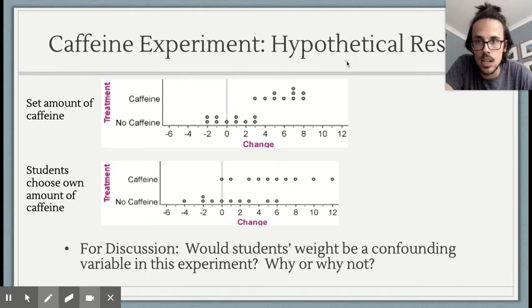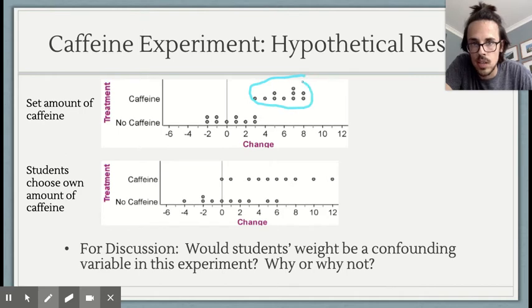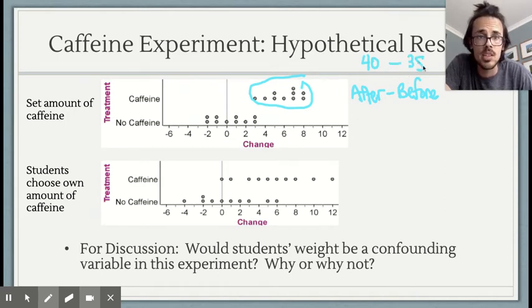You can see in the results of this study that these people over here have positive changes in their pulse. Now, when you talk about a change in the pulse, I'm assuming they took the after minus the before, although it didn't super specify right here, but that would seem logical to me. So if my pulse beats 40 times in however long I timed for afterwards, and it was 35 before, that means it changed by 5.